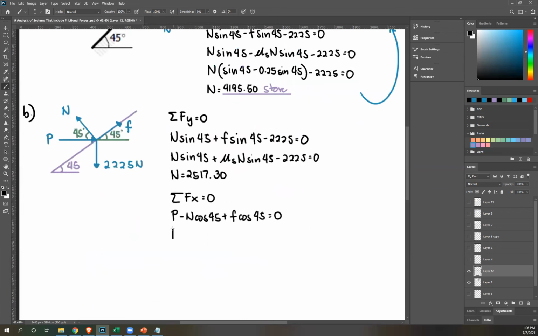And then once again, F is mu n. You already know what n is. Sub that here. You can solve for P. So P is 1335 newtons.